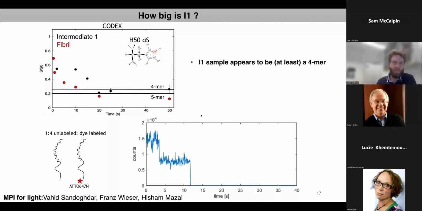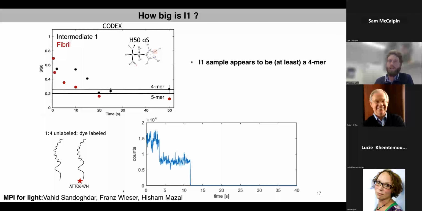So the next thing we tried, through collaboration with Wahid Songdakhtar and Hisham Mazal at the NPI for Light, was to attach an Atto 647 dye at the C terminus of alpha-synuclein, where we were lucky enough that this does not interfere with the aggregation kinetics too much.